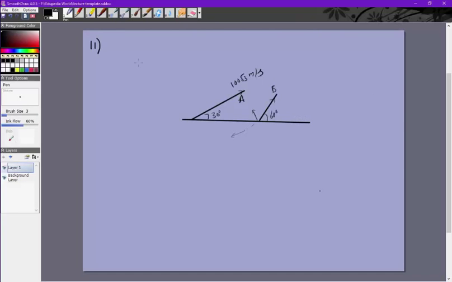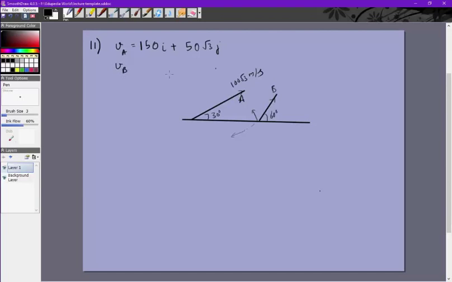So let's just write down the velocities straight away. Velocity of A will be V cos 30 i cap, so 100 root 3 into root 3 by 2, that is 150 i cap, plus 100 root 3 into 1 by 2, that is 50 root 3 j cap.